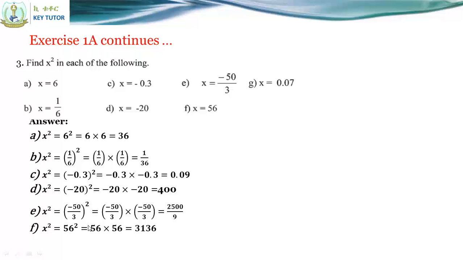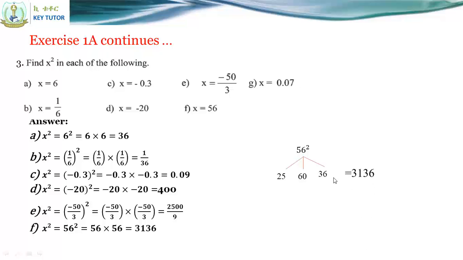Take 56 squared, 56 times 56, but you can use the previous technique. 56 squared is like taking the tens digit, 5 squared, 25, plus 2 times the tens digit times the units digit. 5 times 6 is 30, times 2 is 60, and then the units digit squared, 36.